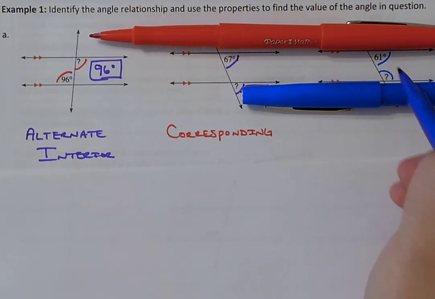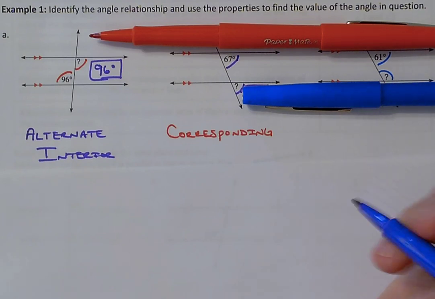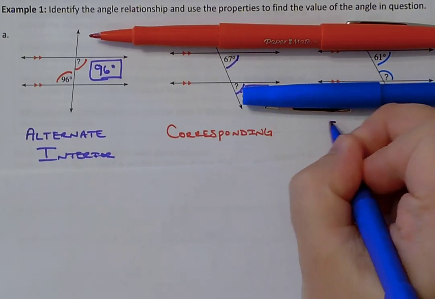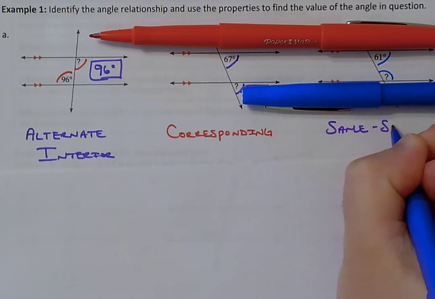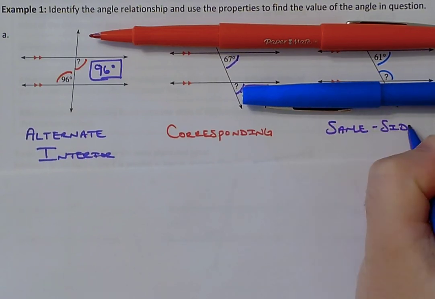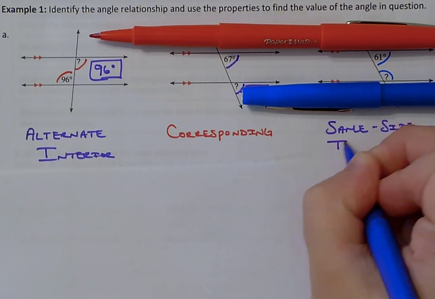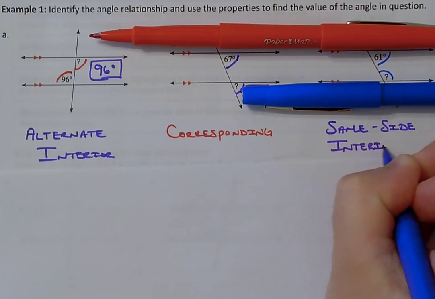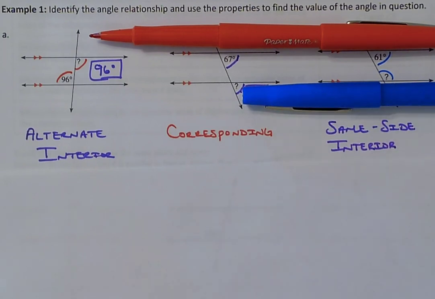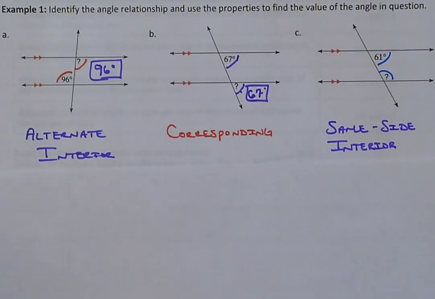Well, both of these angles are on the same side of the transversal, so that means we're dealing with same side interior. So, same side interior, they're in between the parallel lines, and they're on the same side of the transversal.